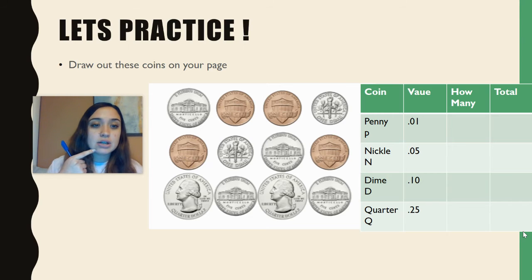Okay, and I put the letters of the coins right there for you because instead of writing it all out, we're just going to put the letter P for penny, N for nickels, D for dimes, Q for quarter. Okay, my next column is going to be value, then how many, and then my total for each one.